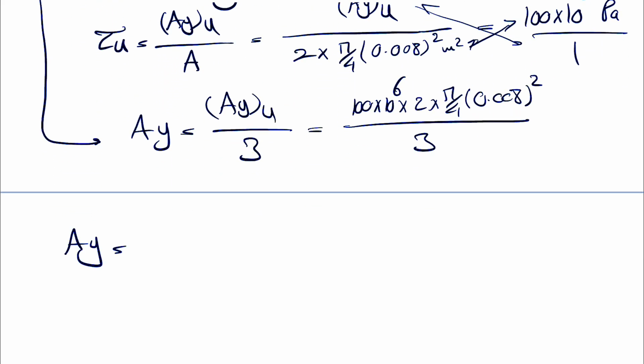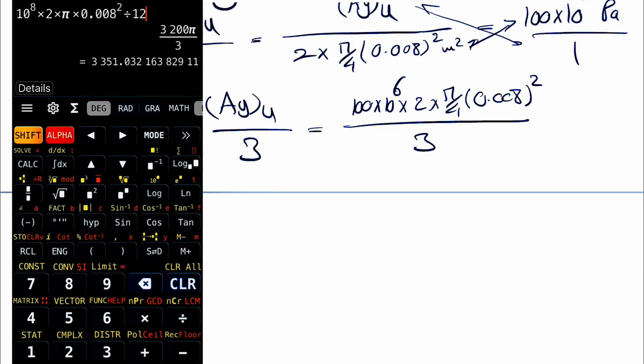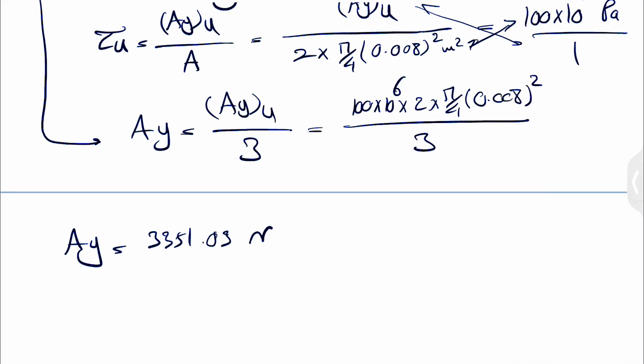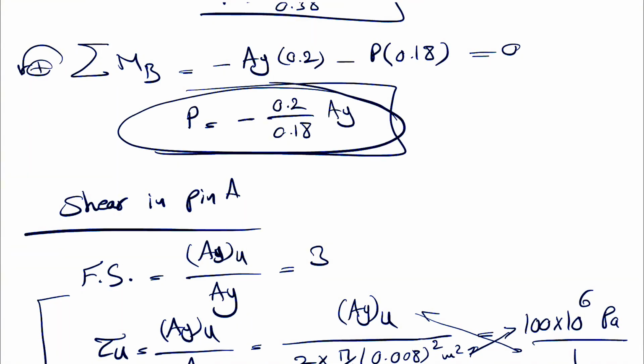Let's calculate this. 10 to the 8 times 2 times pi times 0.008 squared divided by 12. So that would be our AY, 3,351.03 newtons.